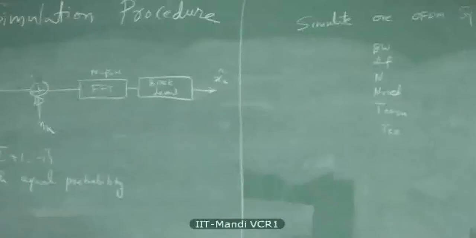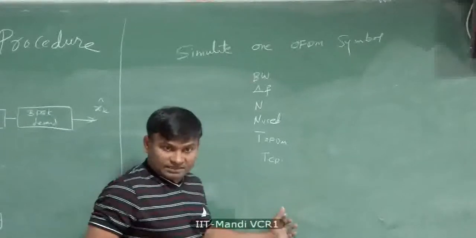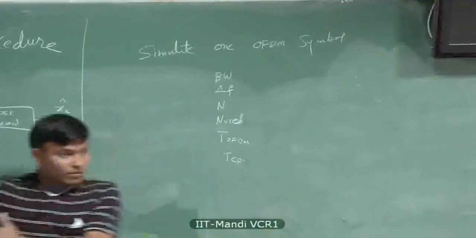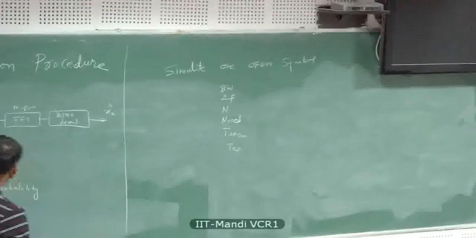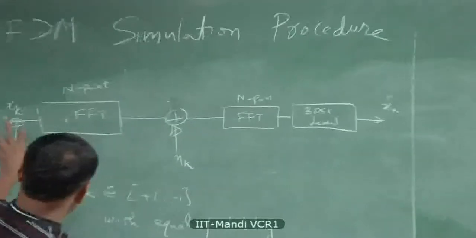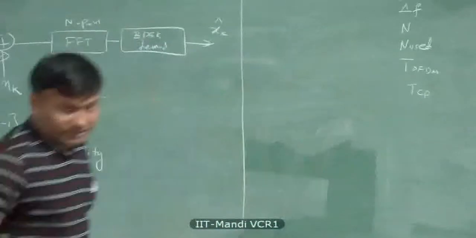So we don't have to go through all that. But you have to remember that the simulation is done for this set of parameters, so you have to link this with this model. We'll just talk about simulation of this kind, then we can go back and loosely relate with these parameters.